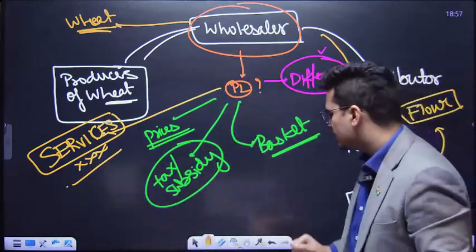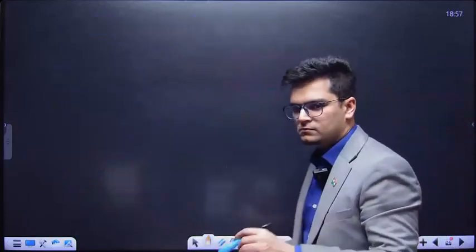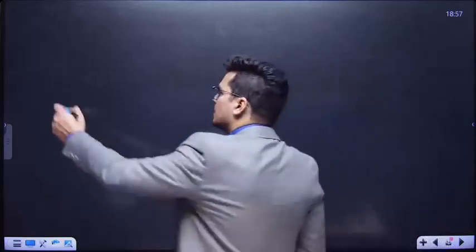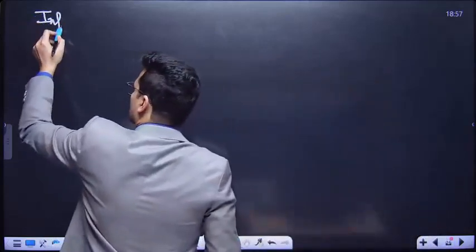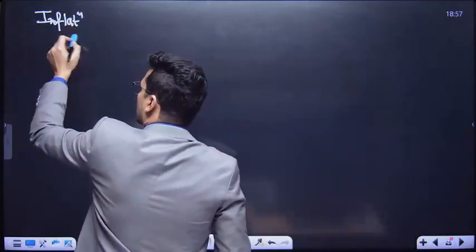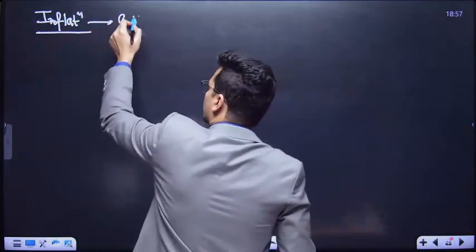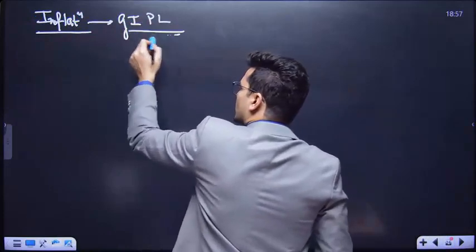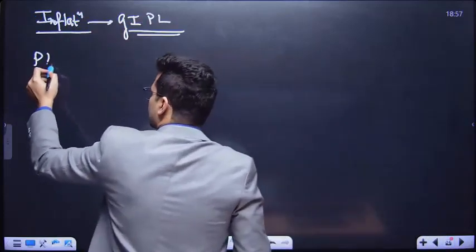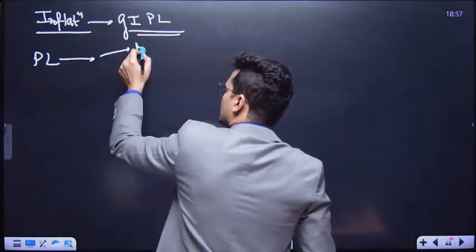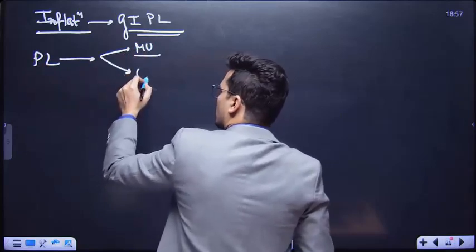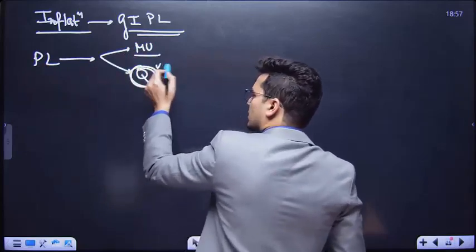So now what did I understand? I understood that inflation is the general increase in the price level in the economy. Price level can be due to measuring unit and quantity. I was considering this just now.